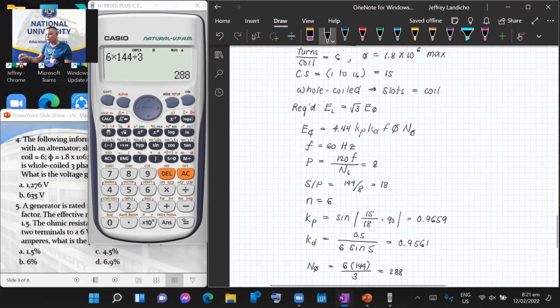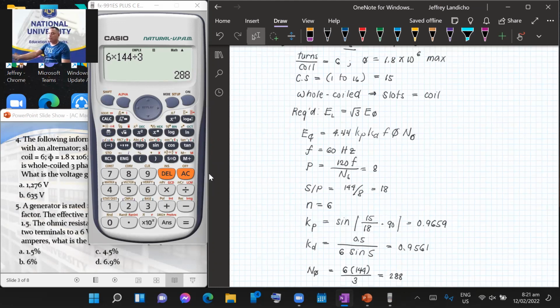So, since meron tayong 18 pole pitch, ibig sabihin, doon sa 18 na yon, yung 6 doon, that is 4.8. Kaya meron tayong 6 turns per coil.